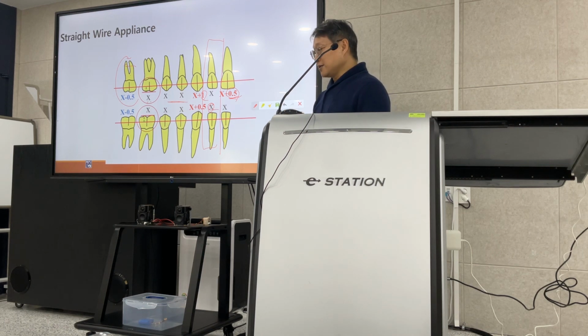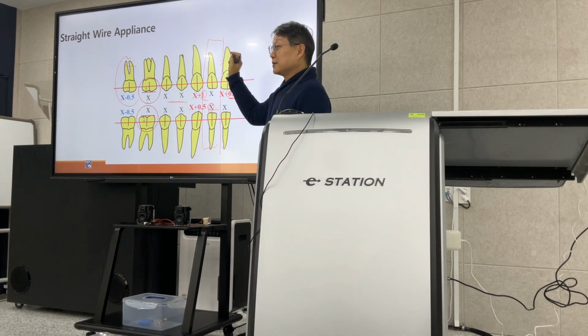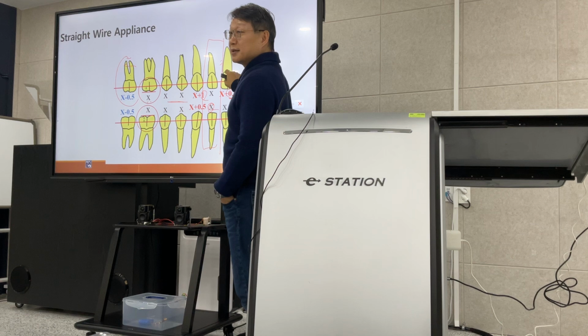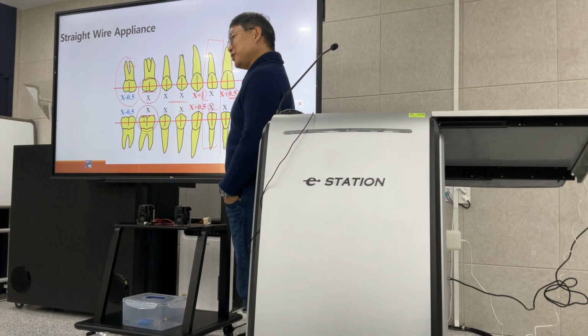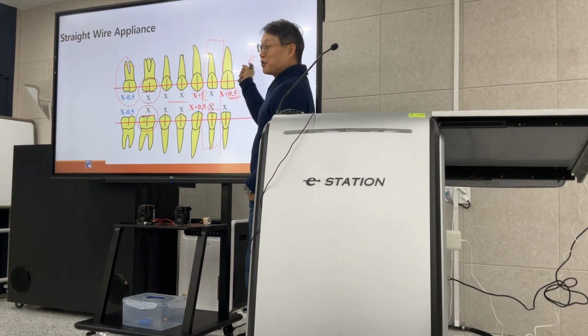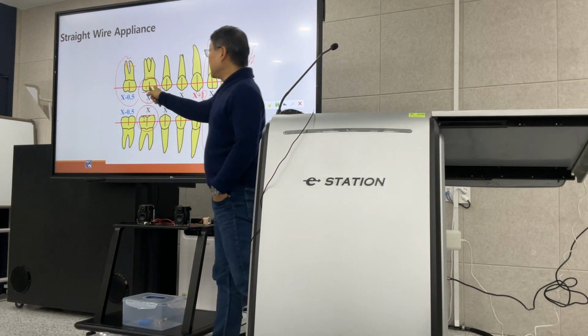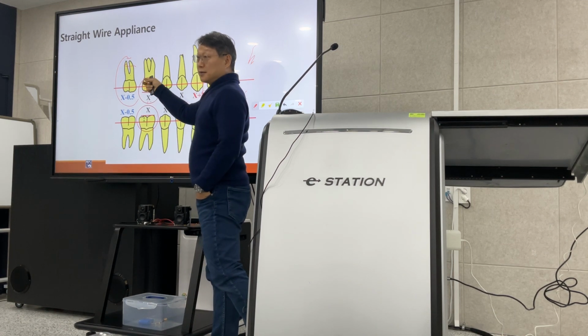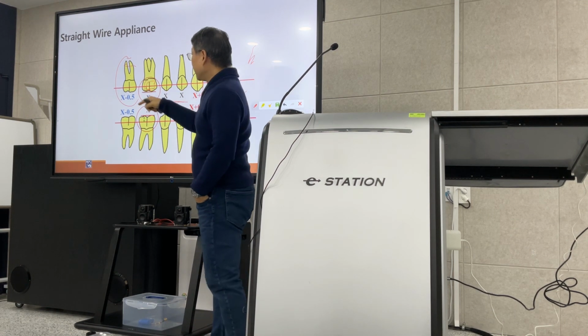So these days, lots of companies make brackets from this kind of concept. Whenever you locate the bracket on patients, you have to think about this. But can you distinguish 0.5 millimeters on patients? So these days, I ignore this concept. I just focus on my representative position, number one, premolar and molar.